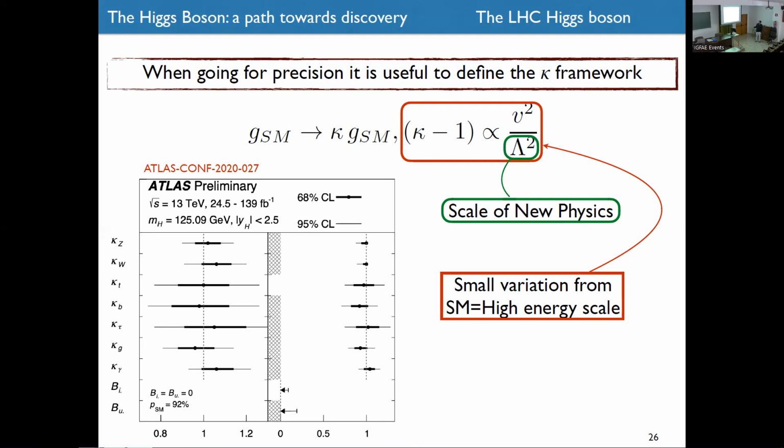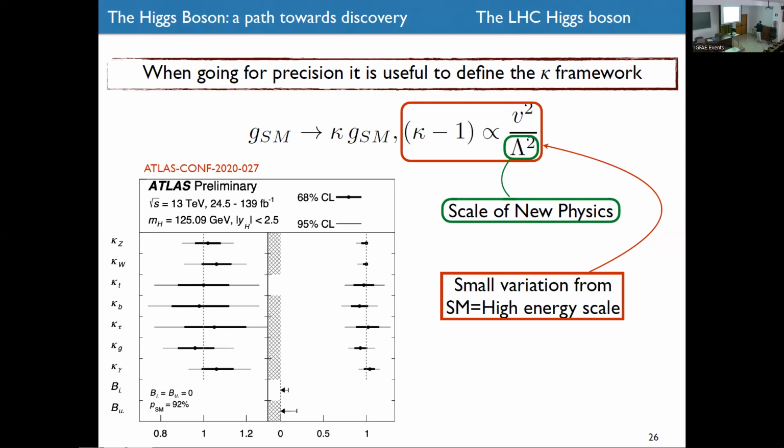These two plots differ from here. The hypothesis is that the Higgs decays only into standard model particles, while here this is relaxed, and you can consider also decays into dark matter, for example, or other invisible objects. And well, these are the results for now. In general, they're pretty nice, at least these ones. We have a precision of about 10%, I would say, 10, 15% on all of that.